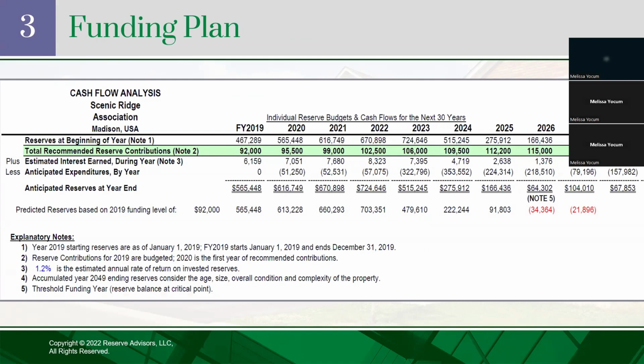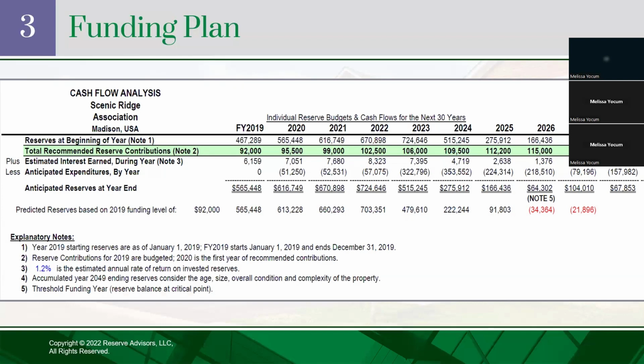Like I mentioned, the current year is going to be all budgeted information. So you're going to give us what you currently budgeted for in reserves. We're going to show that interest earned. Any planned projects you have, we're going to show those to come up with that projected year-end balance, which then becomes the following year's starting balance. And that's where our recommendations would begin.